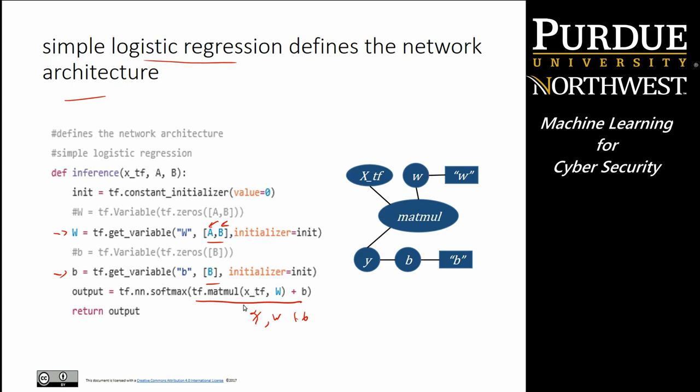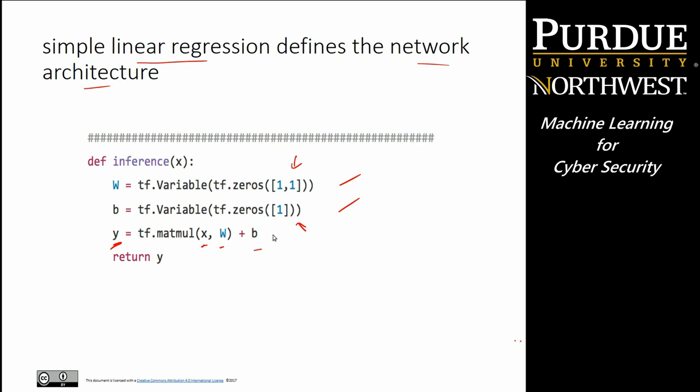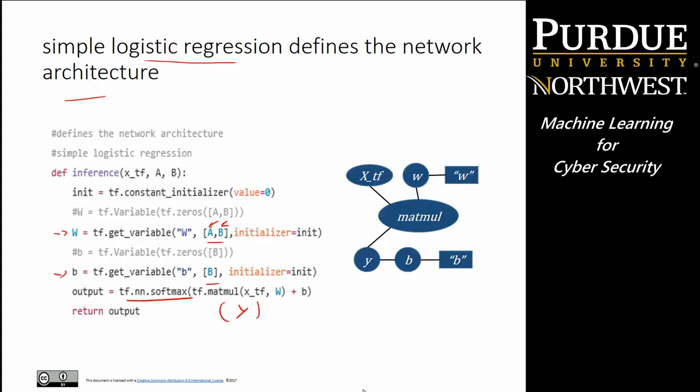The additional component now is that we need to run this y through tf.nn.softmax. Do you guys see that? Now in the previous example, the output was just one neuron, right? One neuron. In this example, the output is actually B neurons, right? B neurons. Because this is where you define the architecture of this model.